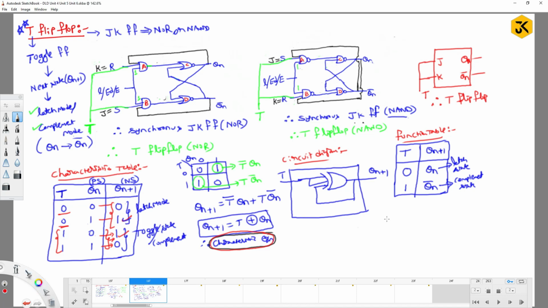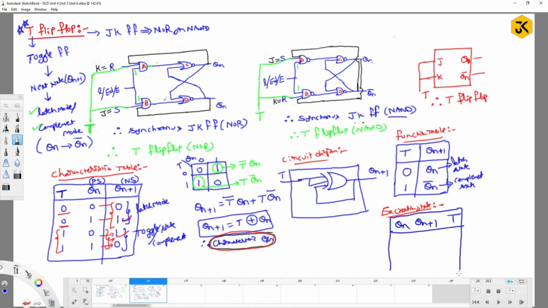Similarly, can we draw its excitation table? Yes. So guys, excitation table means defining the input when you give the outputs. If I have the outputs Qn and Qn plus 1, what might be its input, you can guess.